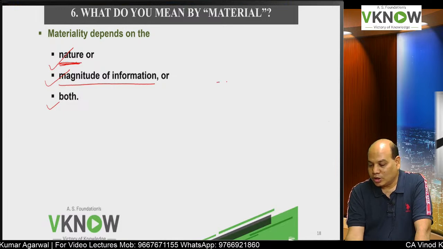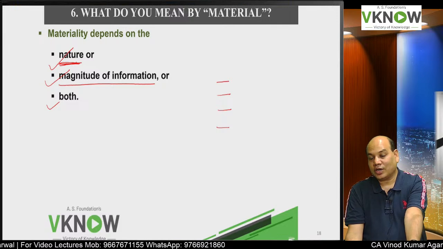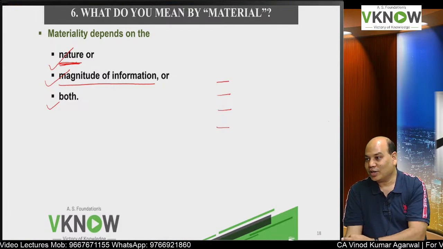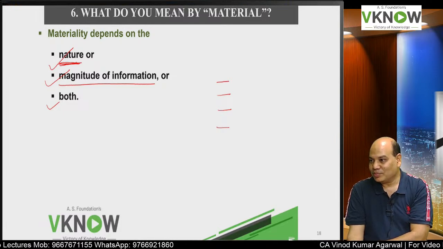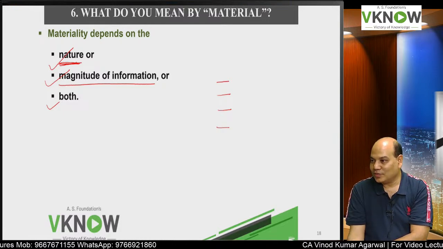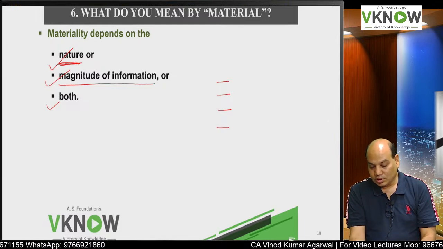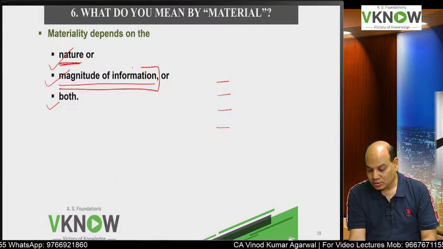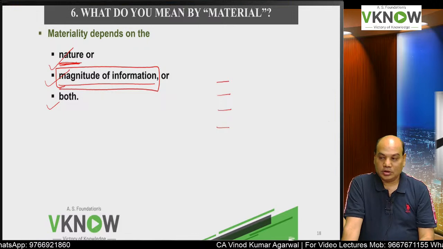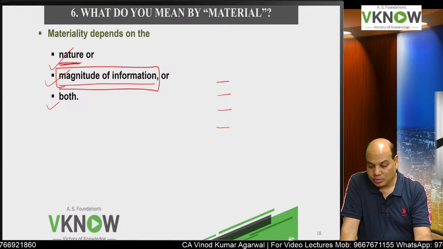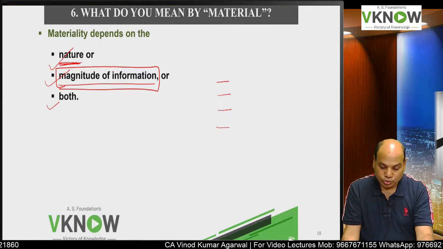And in the internal audit report, which you must have done in your offices, the internal auditor writes the observation: 100 rupees printing and stationery booked under travel and conveyance, the company has followed wrong classification. But that kind of information is really useless. But yes, if it is a 10 crore rupees invoice and it is not recorded properly, then it can be material information, or sometimes it can be both.